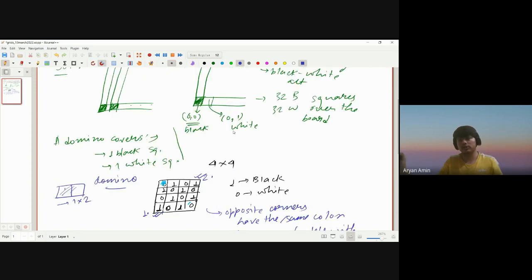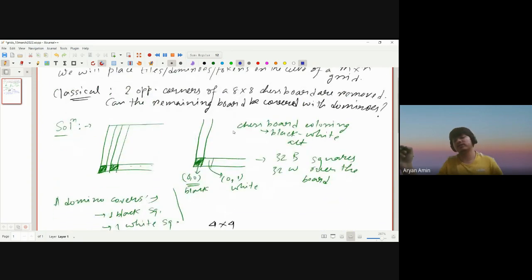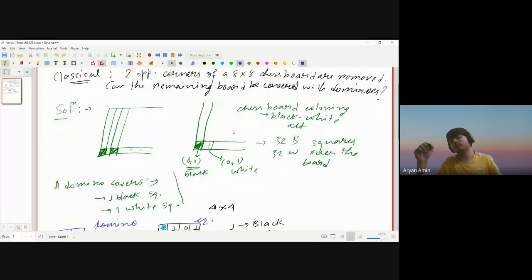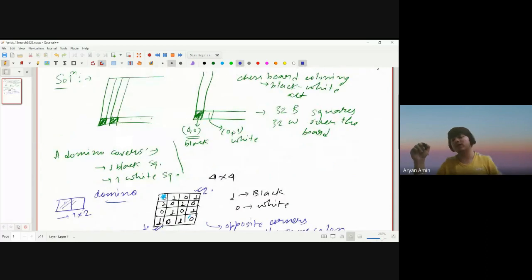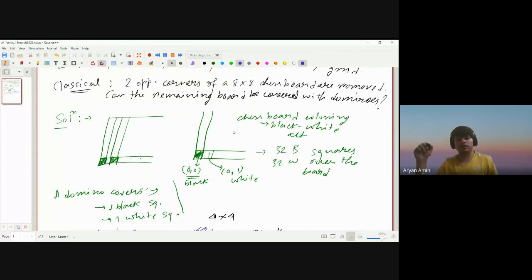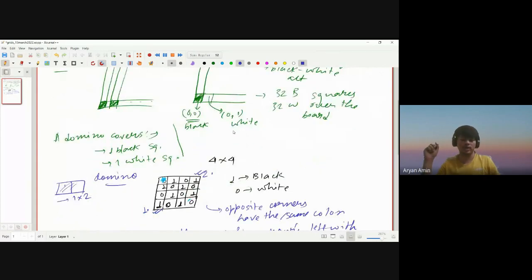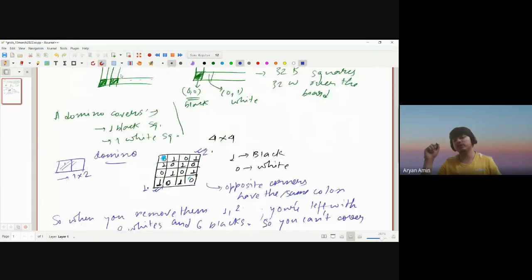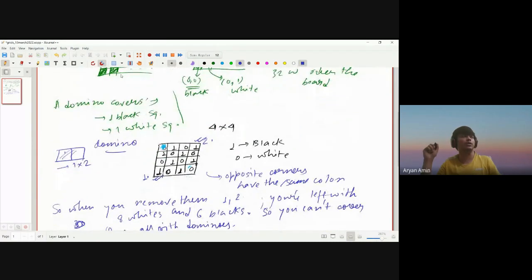Okay, are there any questions regarding this? So how the proof works is we need to figure out a nice way to think about a domino. What can we say about the squares a domino occupies? The way we do it is to impose a black-white coloring on the cells, and we see that a domino always covers one black cell and one white cell.